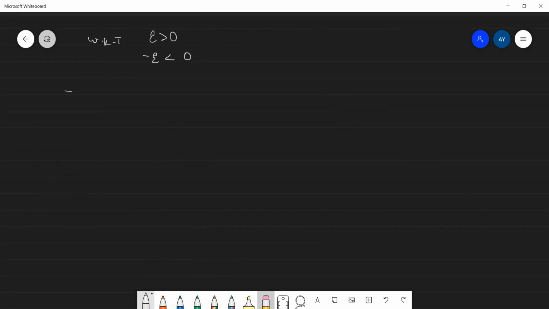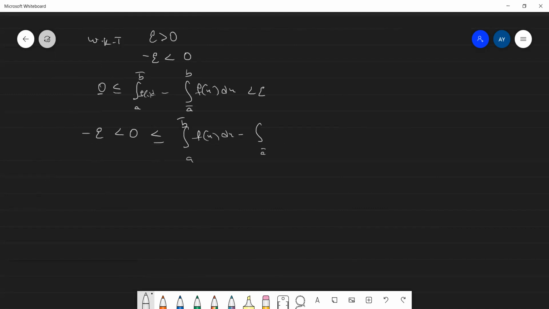What was the condition that we got in the previous slide? 0 is less than or equal to the upper integral minus the lower integral of f(x) dx, which is less than epsilon. So instead of 0, I put minus epsilon: minus epsilon is less than 0, which is less than or equal to the upper integral of f(x) dx minus the lower integral of f(x) dx, which is less than epsilon, right?